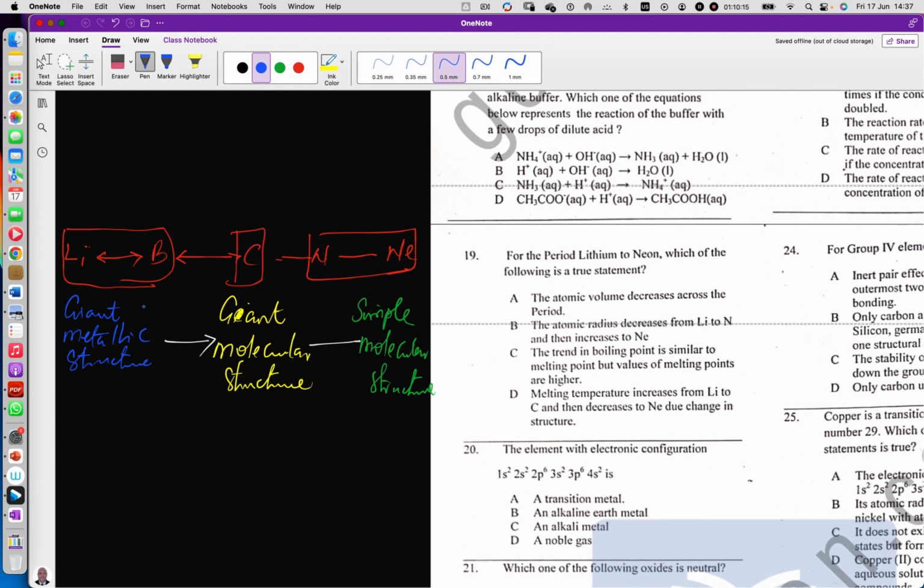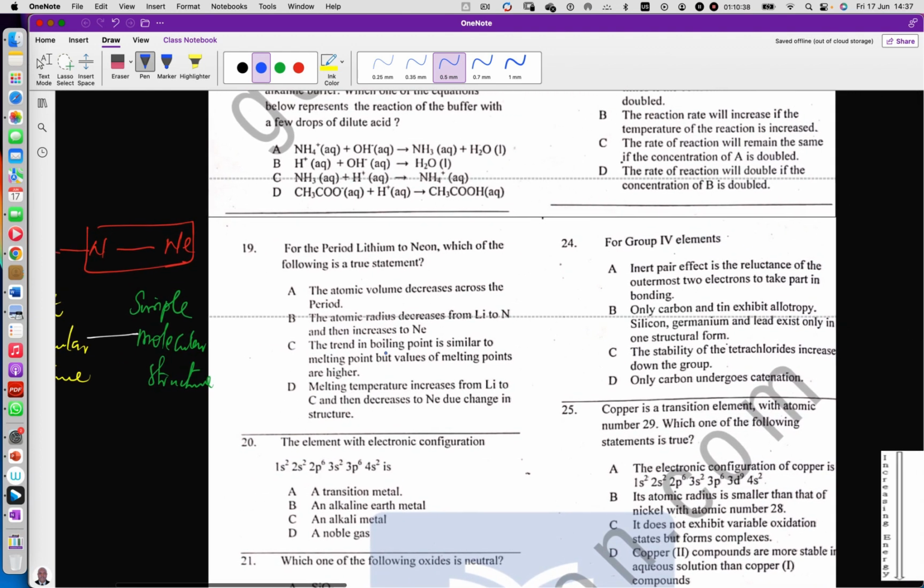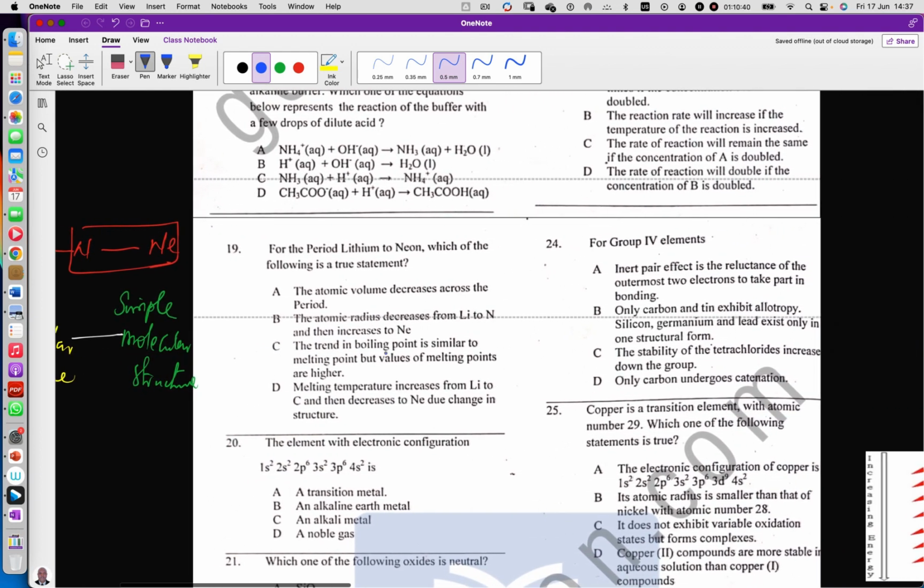I said from lithium to boron we have giant metallic structure. Then carbon, or group 14, they have giant molecular structures, and from nitrogen to neon they have simple molecular structures with weak van der Waals forces. So that is how the whole thing is.